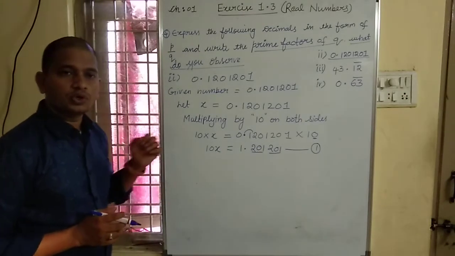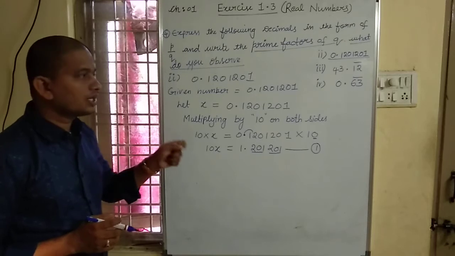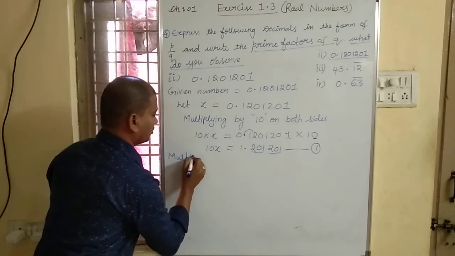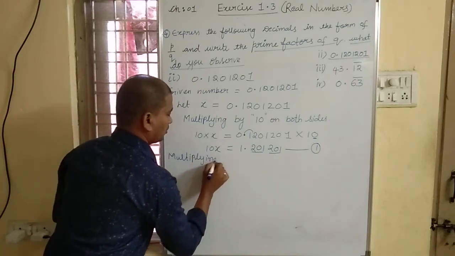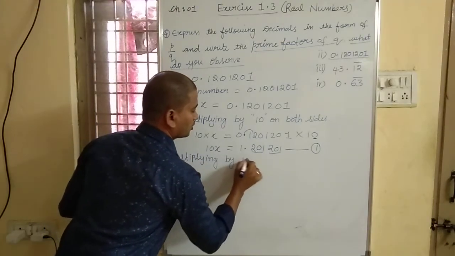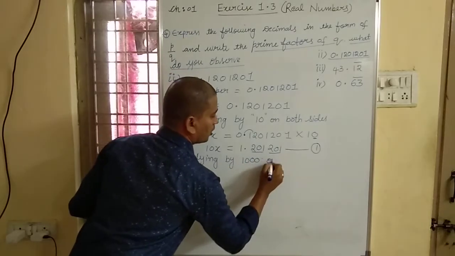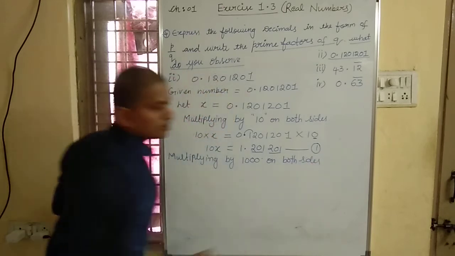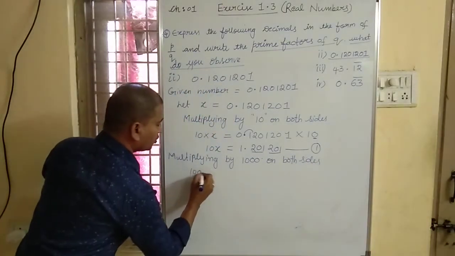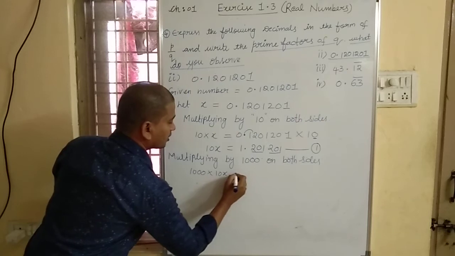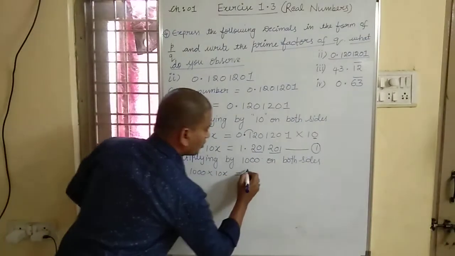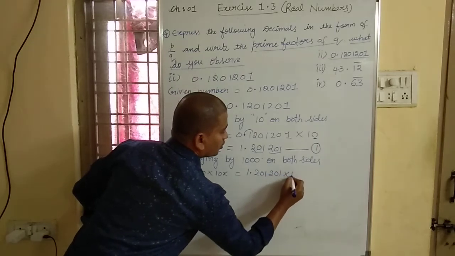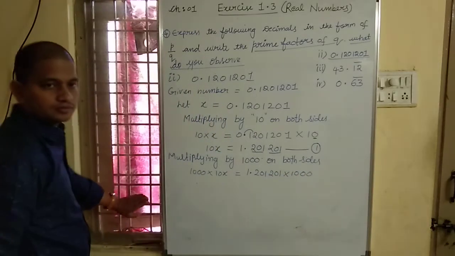So again what do you do? Multiplying by 1000 on both sides. So 1000 into 10x is equal to 1.201201 into 1000.